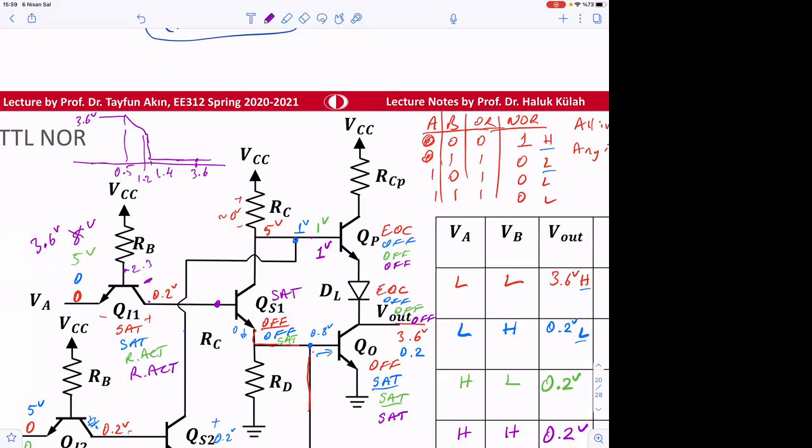So when this is 2.3, this is 1.6, then 3.6 is also okay to keep this off. So the junction is off here. Okay, that diode, so it is reverse active. Any other question?